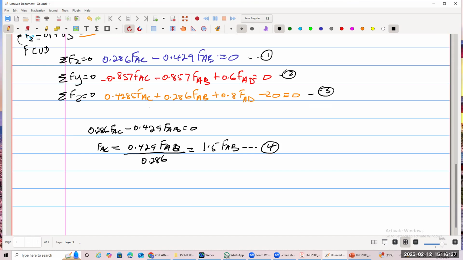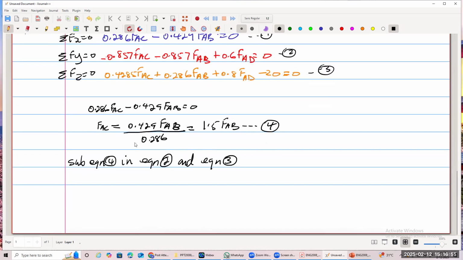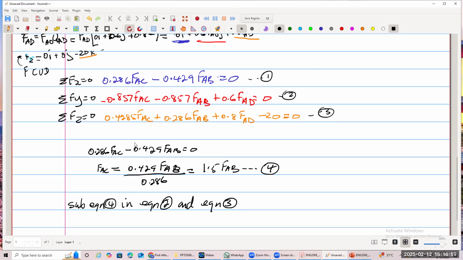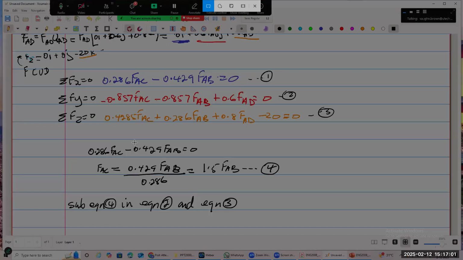So you're going to substitute equation 4 in equation 2 and 3 separately, and then you will get a simultaneous expression that you're going to solve. So let us take this over with us, and we'll go to a brand new page.